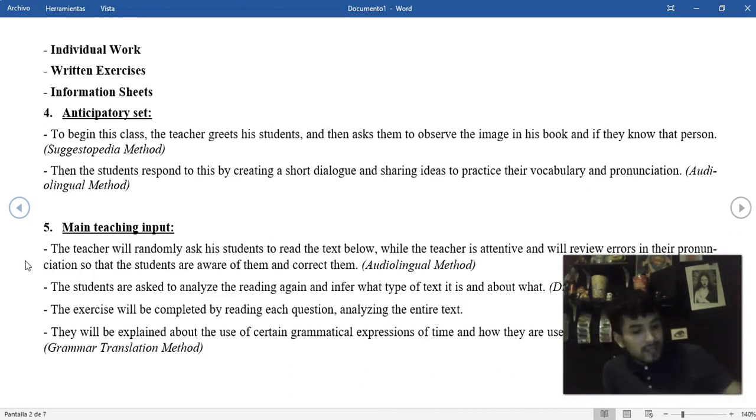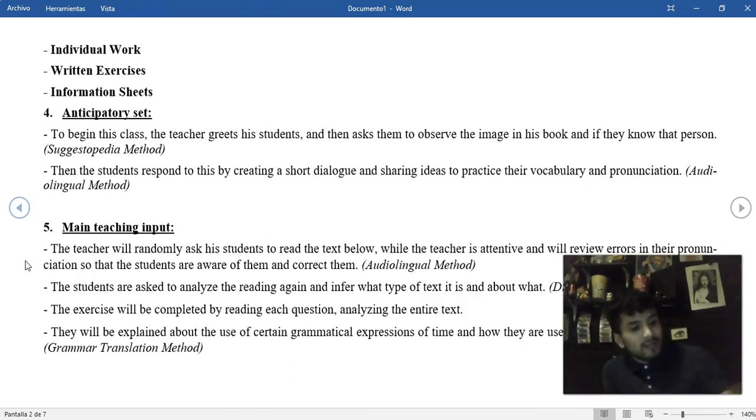My students themselves have to read the text individually and, with the information that they have analyzed, infer what the topic of the text could be, and what kind of text it is. The exercise will be completed by reading each question, analyzing the entire text.